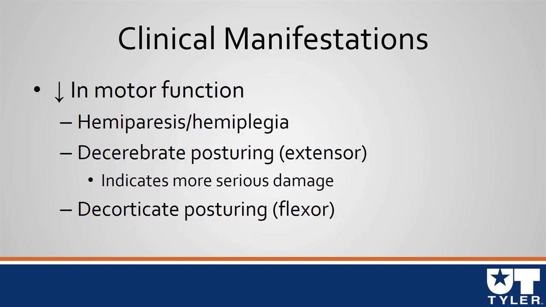As the ICP continues to rise, the patient manifests changes in motor ability. A contralateral, or opposite side of the mass lesion, hemiparesis or hemiplegia may develop due to an increase in the ICP, depending on the location of the source.